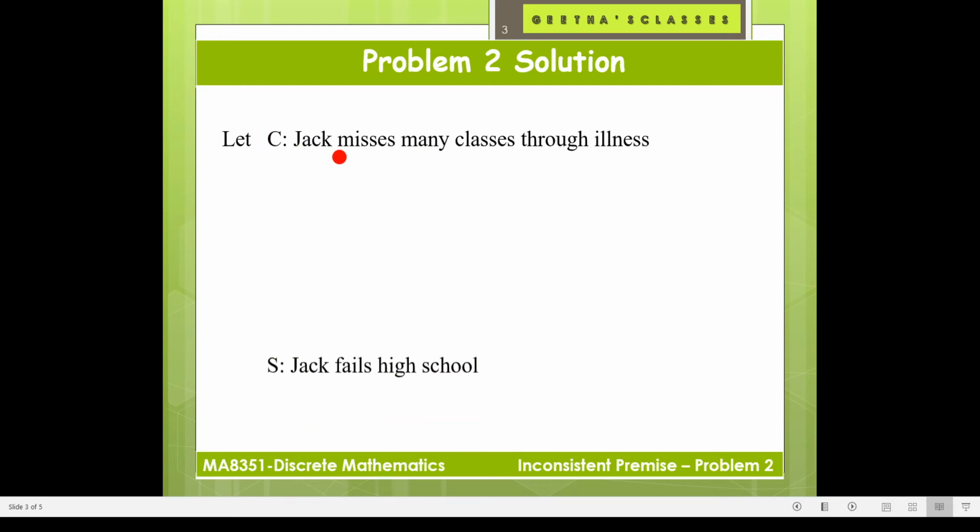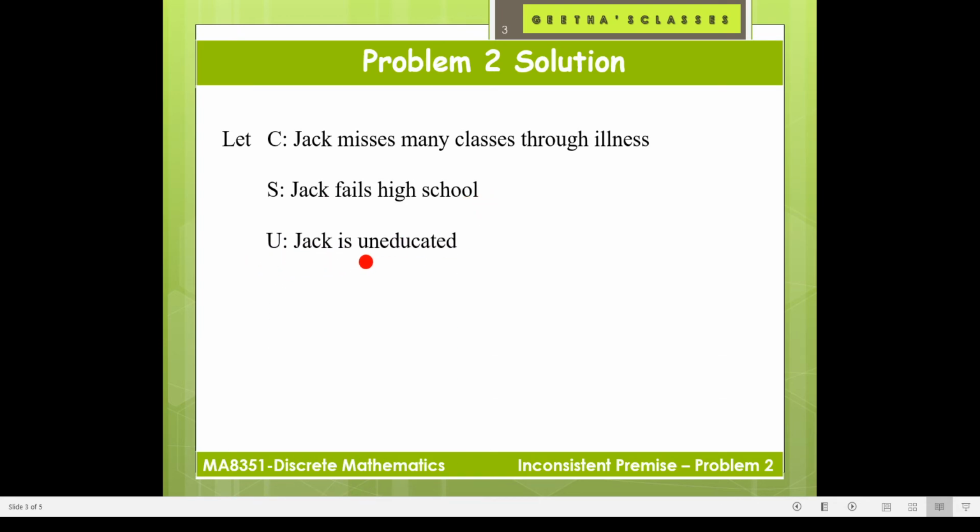Now we are moving into the solution. Let C be Jack misses many classes through illness. It is mentioning classes, so we have taken C. Now let S be Jack fails high school, U be Jack is uneducated, and B be Jack reads a lot of books.